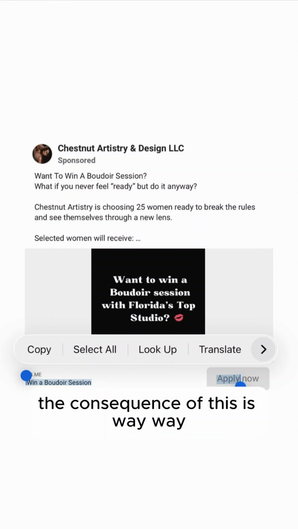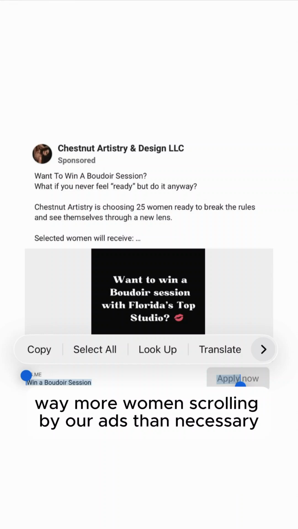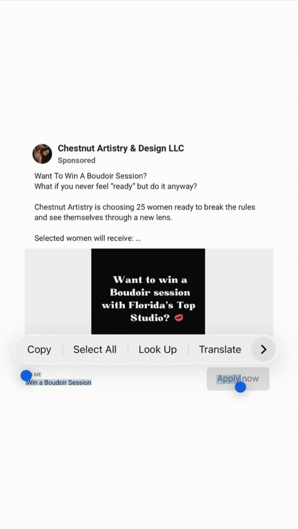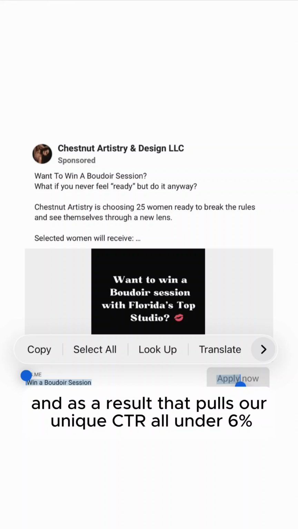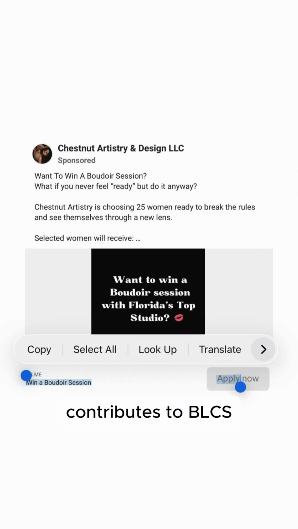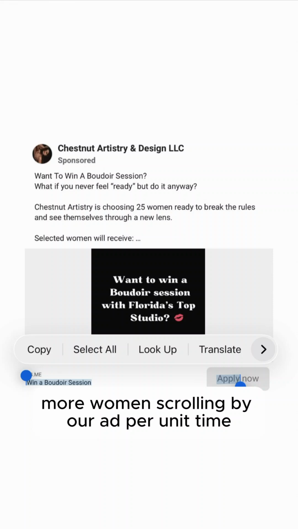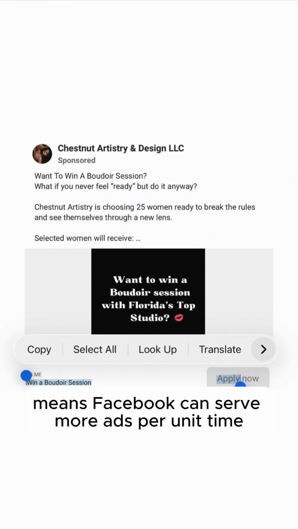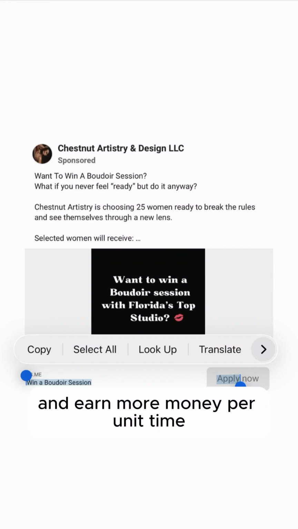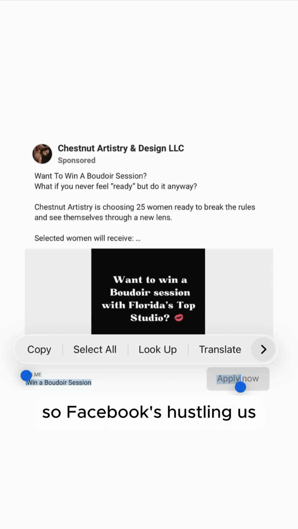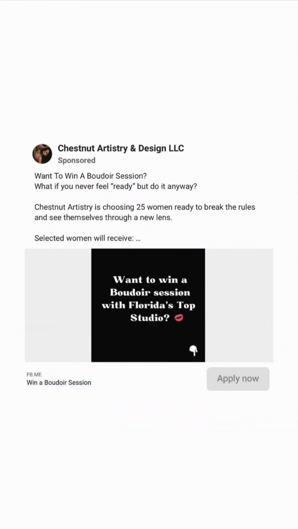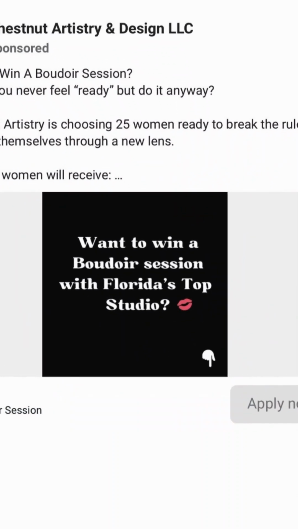The consequence of this is way more women scrolling by our ads than necessary. As a result, that pulls our unique CTRL under 6% and contributes to BLCS. Facebook's happy though. More women scrolling by our ad per unit time means Facebook can serve more ads per unit time and earn more money per unit time. So Facebook's hustling us.